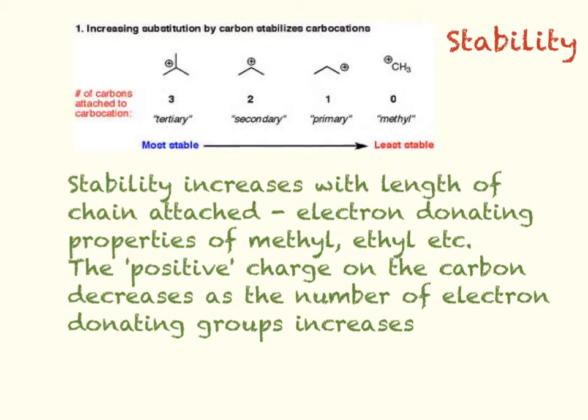In a secondary structure, we have 2 CH3 or chain structures pushing electrons in, donating electrons to that central carbon, but we have 1 hydrogen, so the effect will be less. Having 3 electron donating groups is much, much better than only having 2.